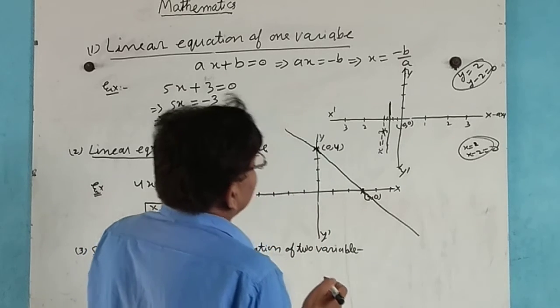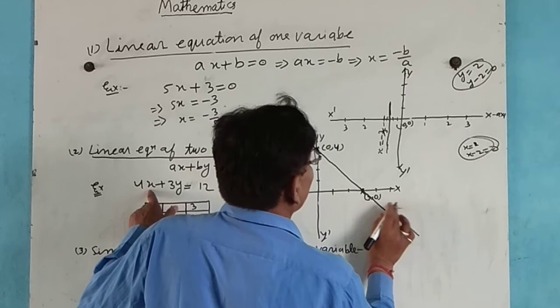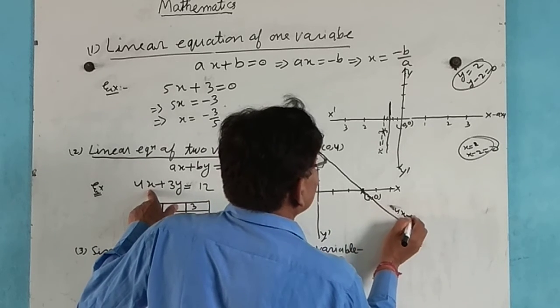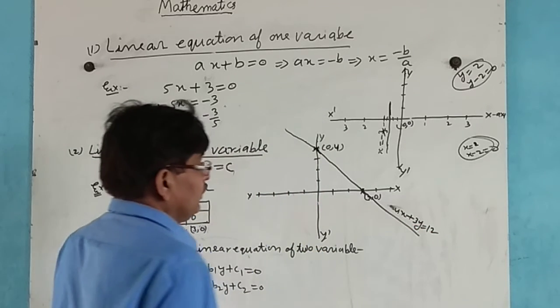This line represents the equation 4x plus 3y equal to 12.